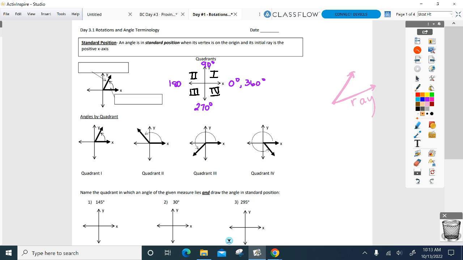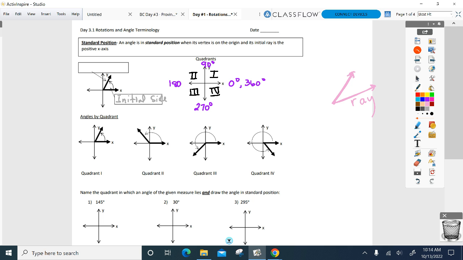And let's get some vocabulary down. That side of the angle is always called the initial side. Did I spell that right? No, I need an I-N-I, right? I-N-I.